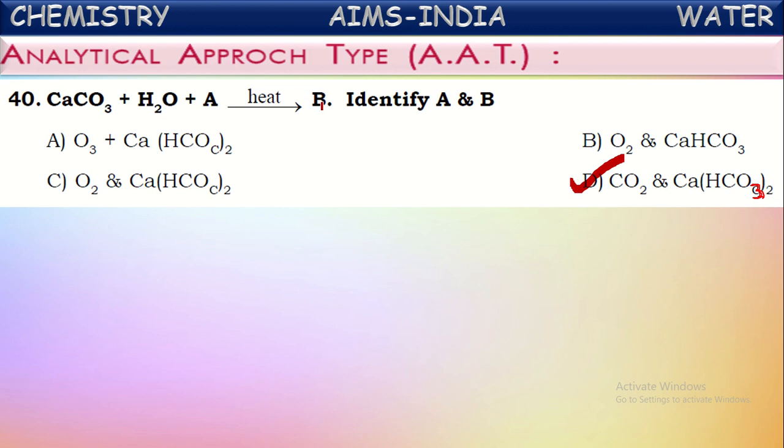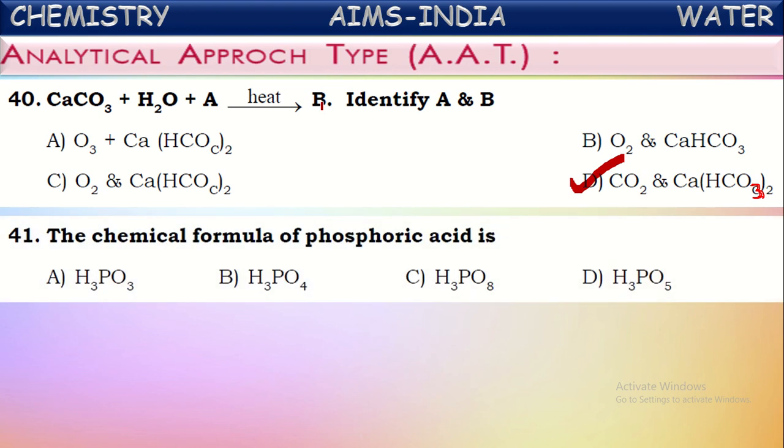Right? Next question. What is the chemical formula of phosphoric acid? It is H3PO4. Where is it? Yeah, here it is. H3PO4 is the formula of phosphoric acid.